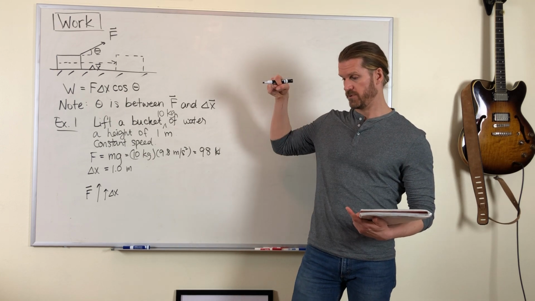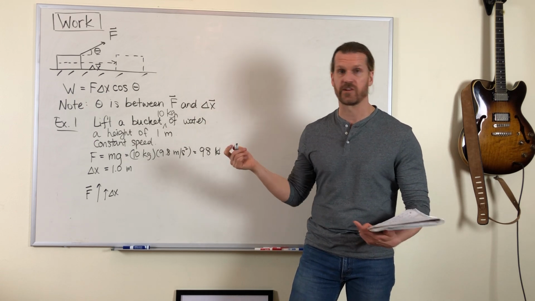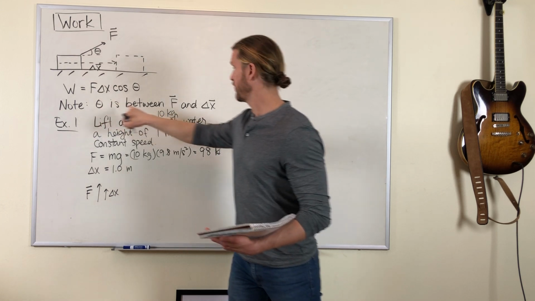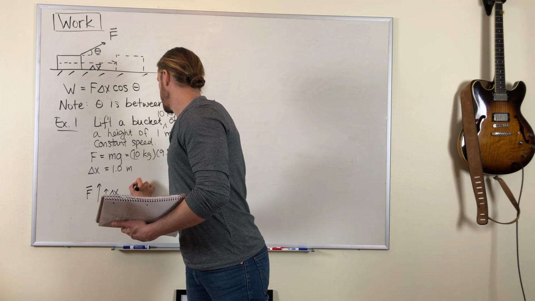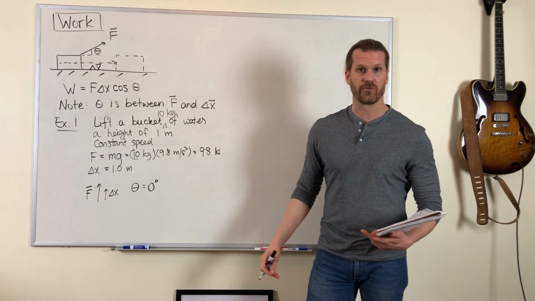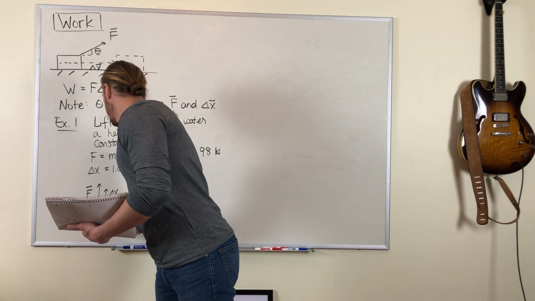So you pull up, force vector points up, bucket moves up, displacement vector points up, and so since theta is between F and delta x, that means theta is 0 degrees. They're parallel.